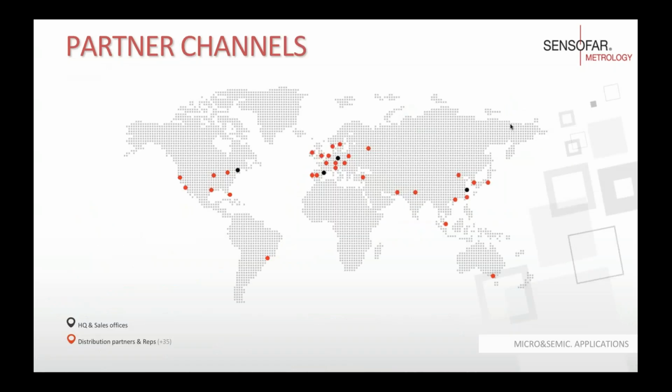So here's a quick snapshot of our partner channels around the world. I, again, am located in the United States in the black dot, and I'm supported with about 4 other partners that help to represent Sensifar throughout North America. And as you can see from the map, we have a large footprint in Europe and Asia as well.